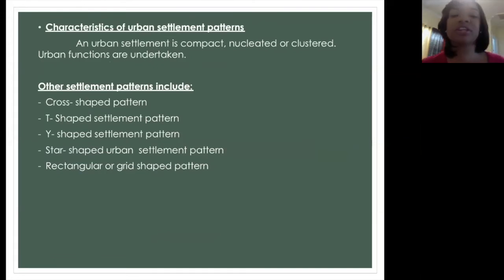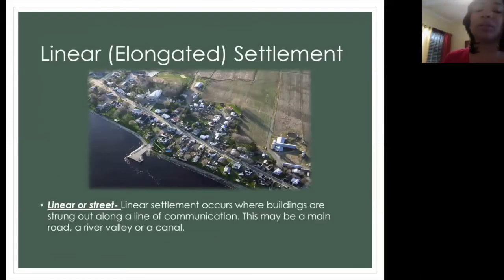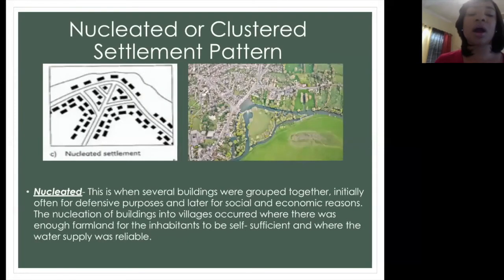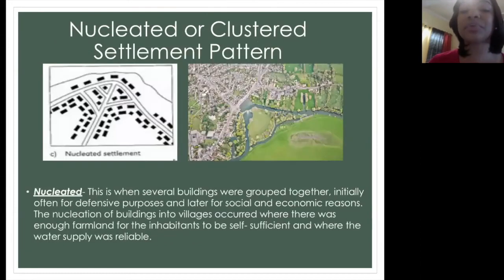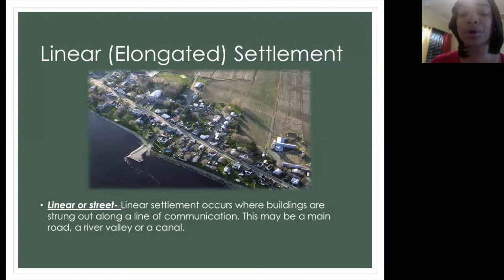Okay, so the first three settlement patterns that we looked at, our linear, our nucleated, and our isolated, these three are predominantly found in our rural settlements. We also have different types of settlement patterns which are typically found in our urban areas.